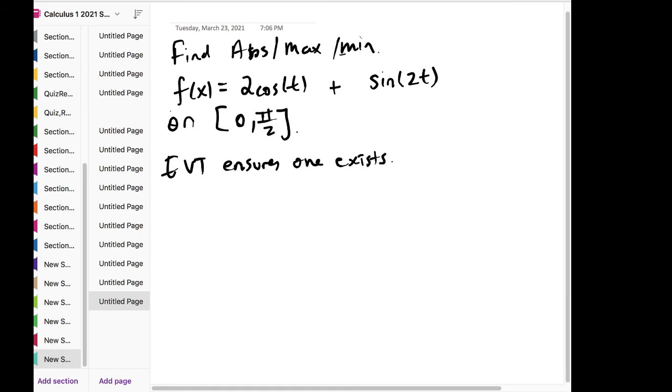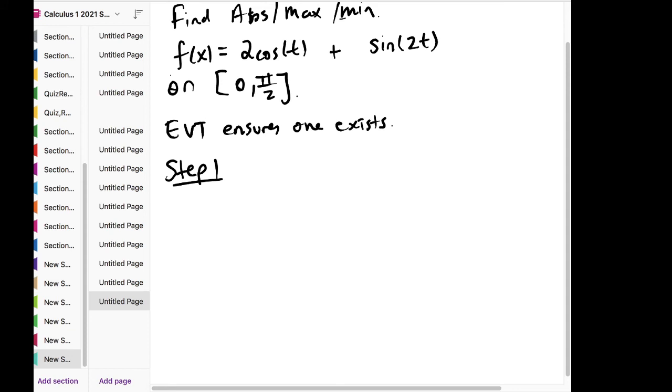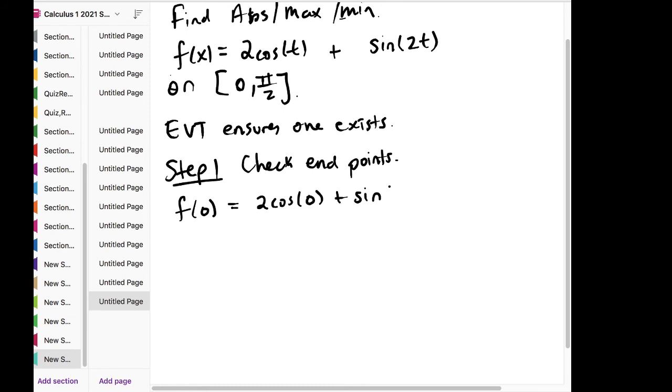What's our step one? Yeah, check endpoints. I like doing this one first again because you might forget about it later. Okay, what's f of 0? It's 2 cosine of 0 plus sine of 0, and that is 2.